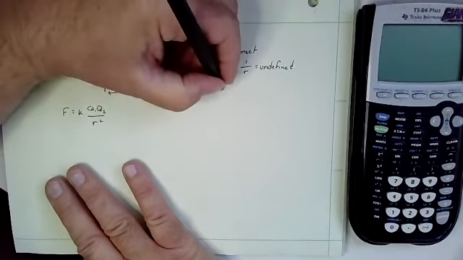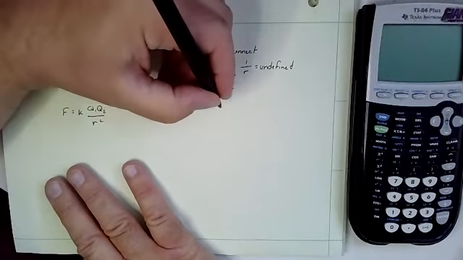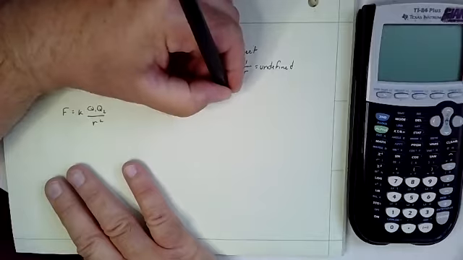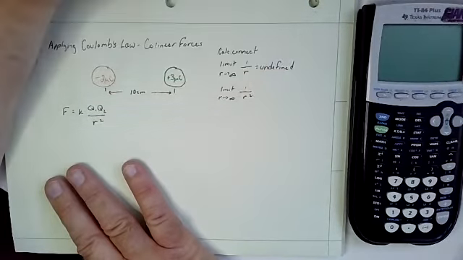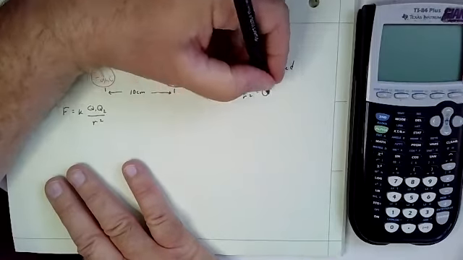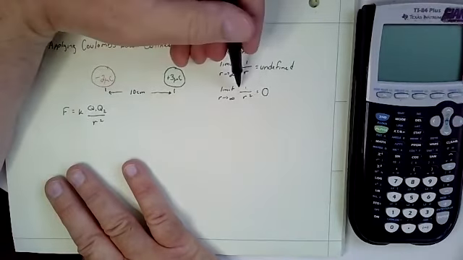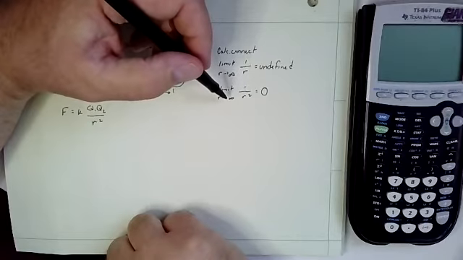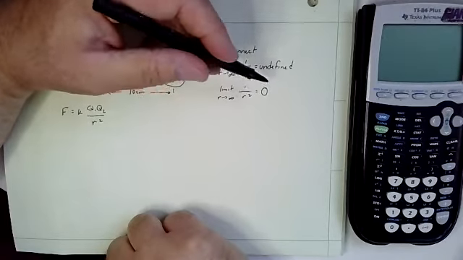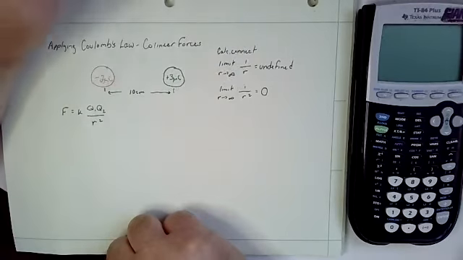But in the limit as R goes to infinity of 1 over R squared, that's 0. So from a calculus point of view, this is the first order of magnitude in which we see that the force actually has a place where its influence is 0.